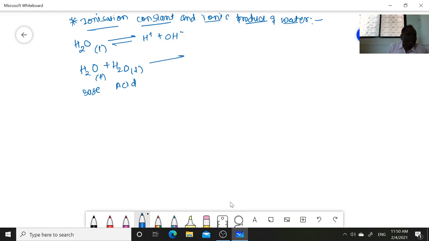Due to the H plus ion it will be an acid, and due to the OH minus ion it will be a base. Therefore, this dissociation, H2O plus H2O, will be equal to hydronium ion plus OH minus. This hydronium ion is known as the conjugate acid, and this hydroxyl ion is known as the conjugate base.